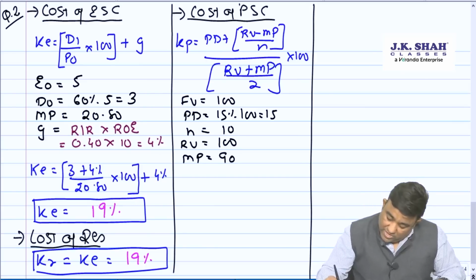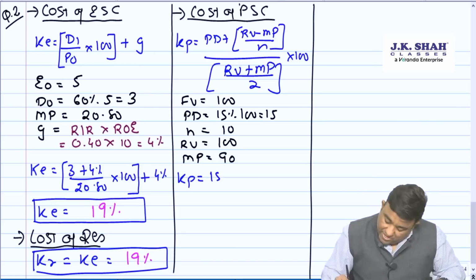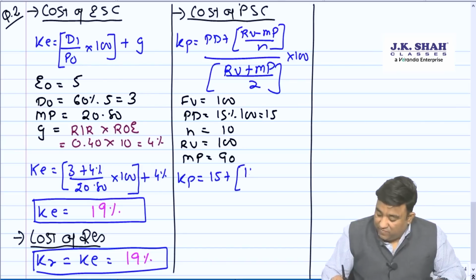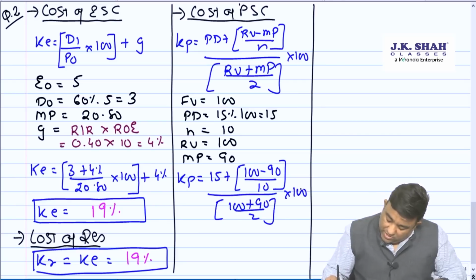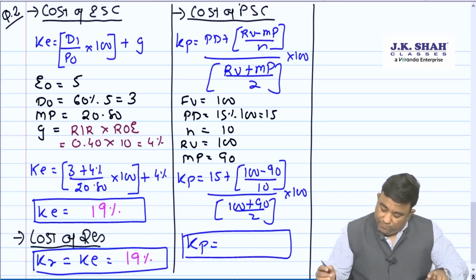So student, I can easily compute KP now. KP is PD plus RV minus market price upon number of years, whole divided by 100 plus 90 divided by 2, into 100. Can I just compute KP now? Yes.